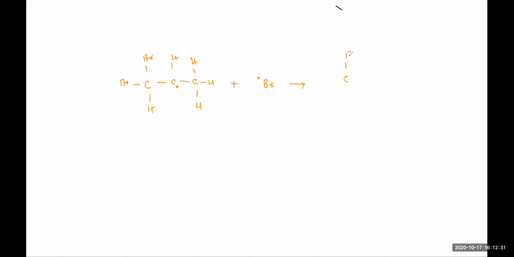CBr, Br, hydrogen, CH, Br, H, H, H. So in the termination step, anything can form when you're reacting two or more free radicals.